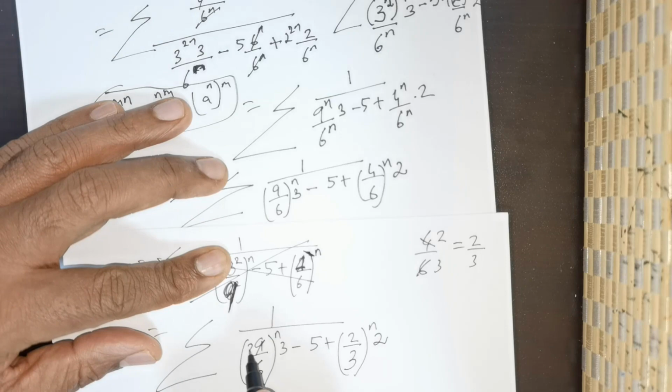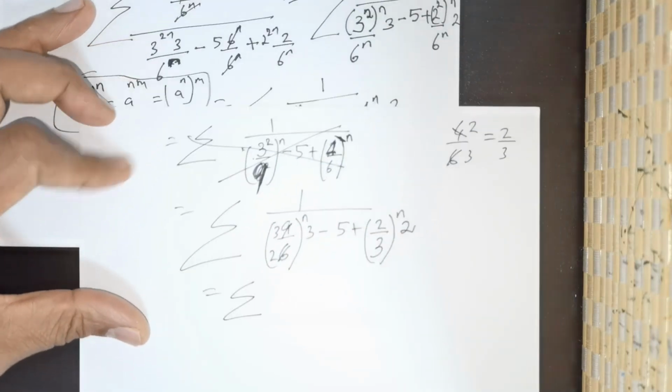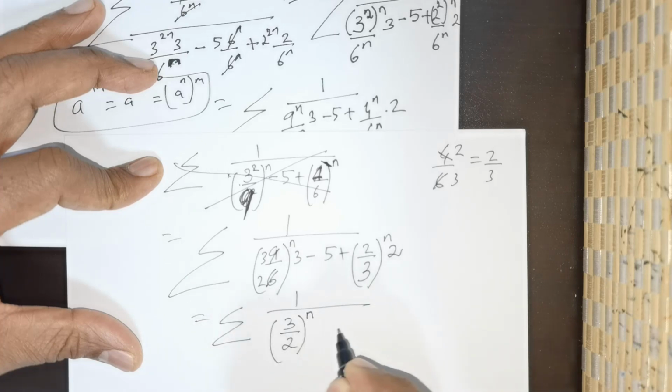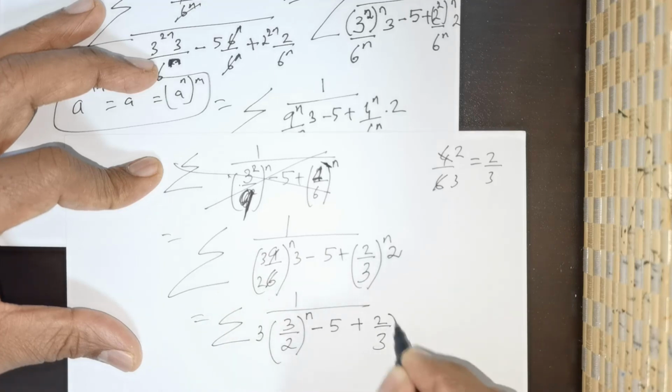Now 3 divides here 3 times, 3 divides here 2 times. So this is equal to sigma 1 over 3 over 2 raised to the power of n multiplied with 3, negative 5, positive 2 over 3 raised to the power of n multiplied with 2. This is what we have got.